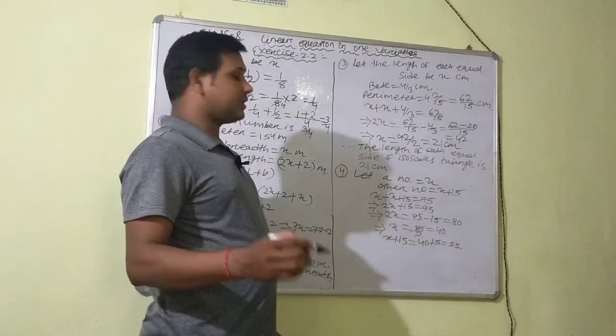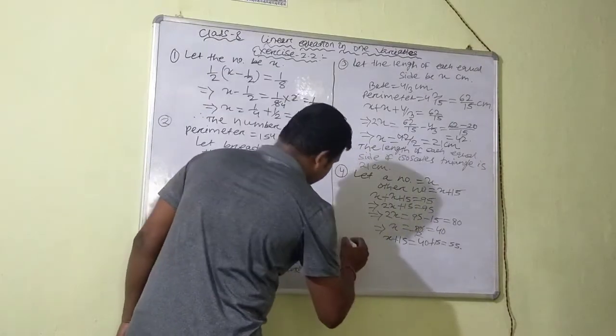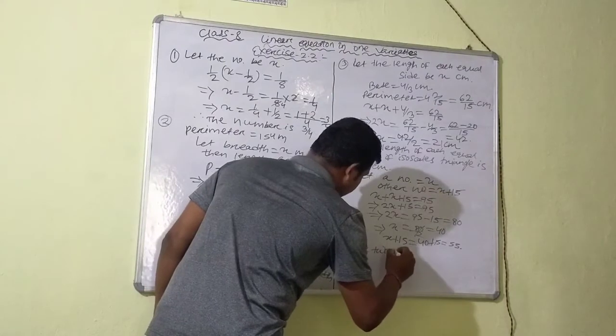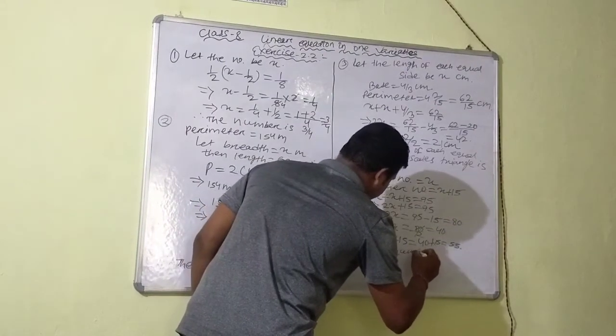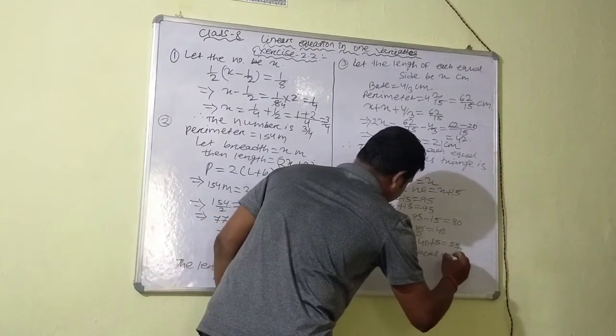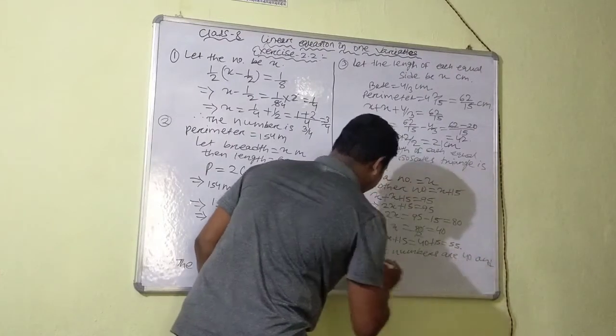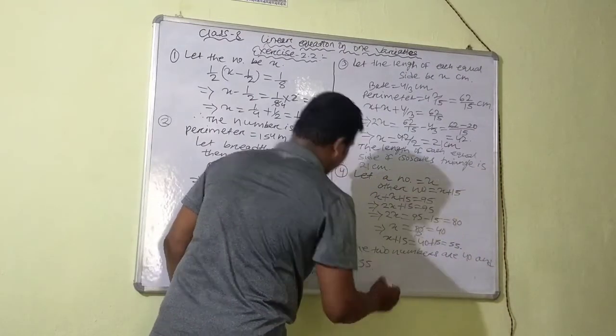Hence we will write down the conclusion as, therefore the two numbers are 40 and 55. Okay.